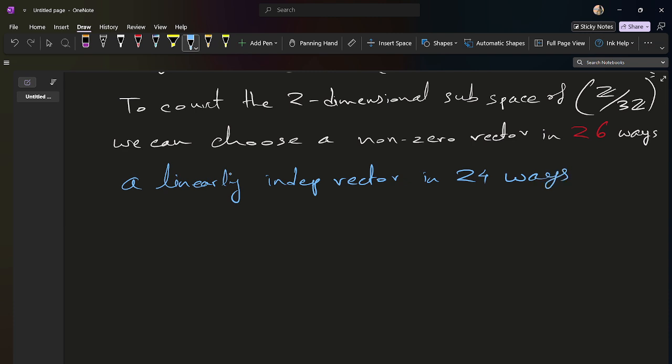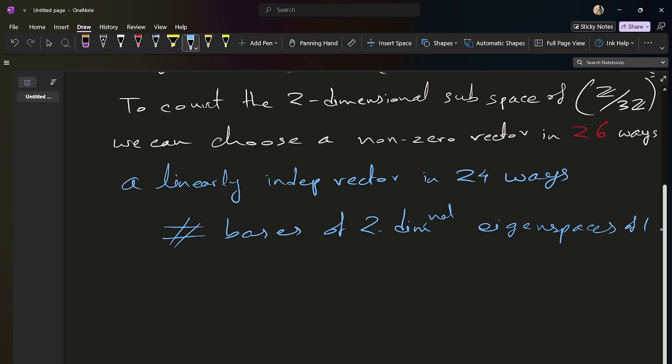Now we have to divide by the number of bases of a two-dimensional vector space on Z mod 3Z.